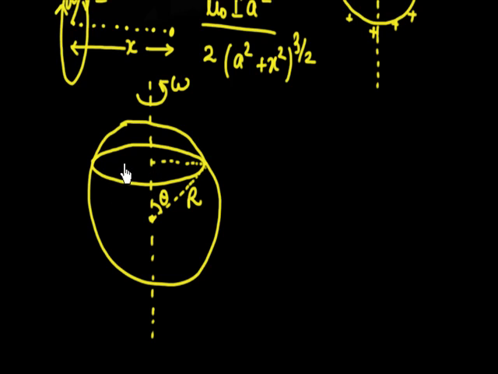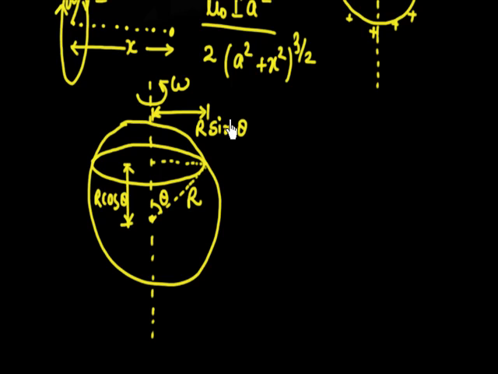So this length is nothing but r cos theta, and this other length, from the center, is r sin theta.